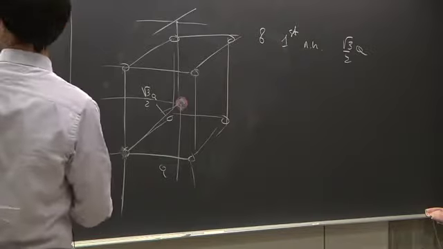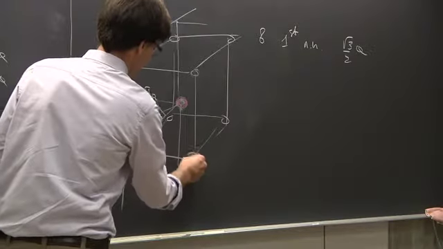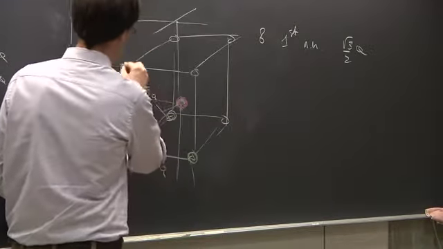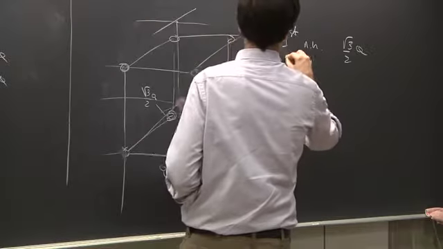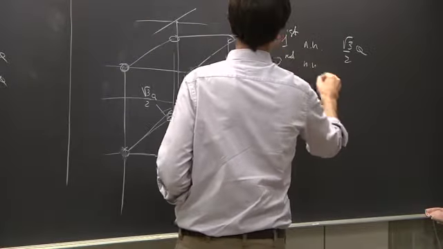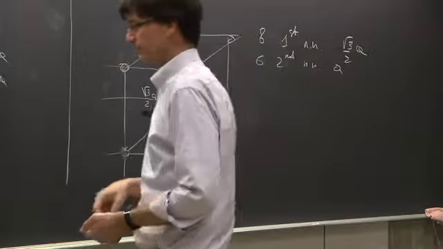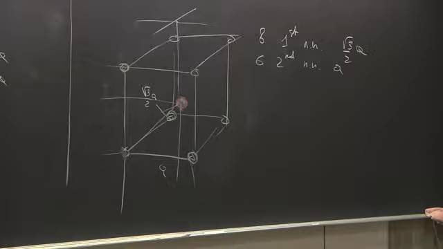Second nearest neighbors is what? Green. So I'm using green, this, and all the points along the Cartesian axes. So there are 6 of them. So I have 6 second nearest neighbors at distance A. And so on and so forth.